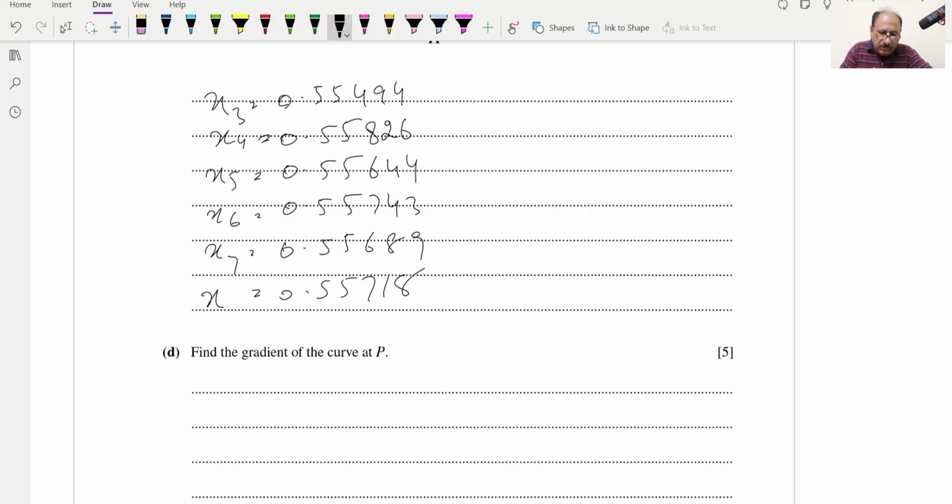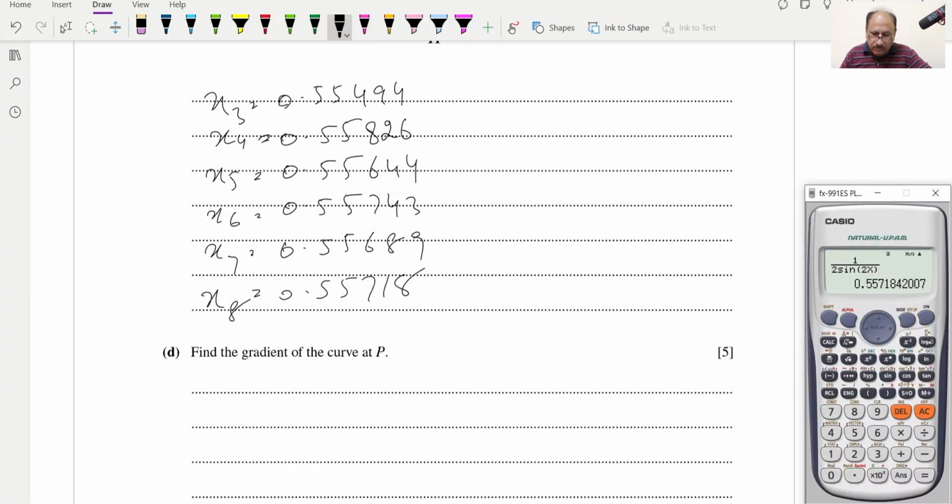This will be x8. Then again we can check, calculate for answer is equal to 0.5570.